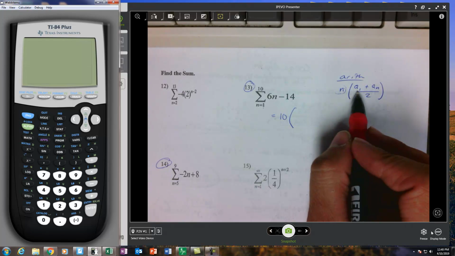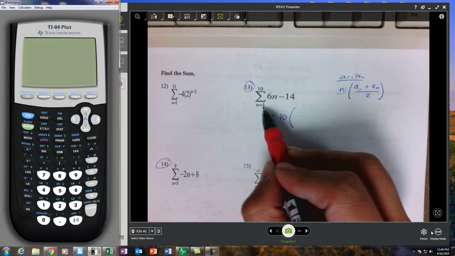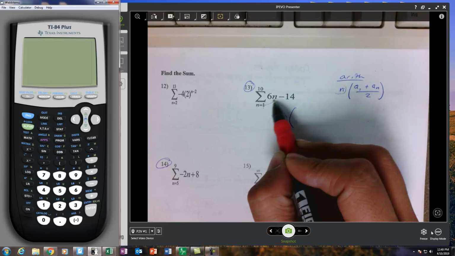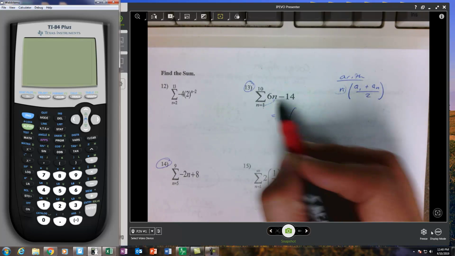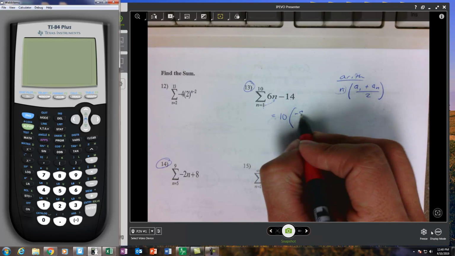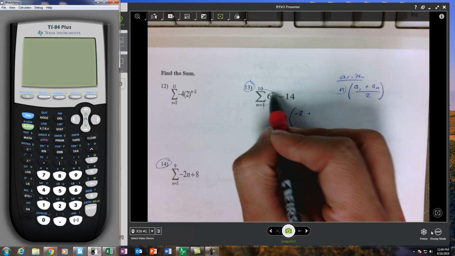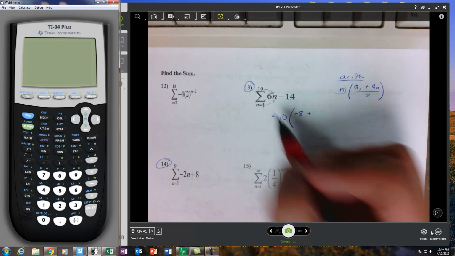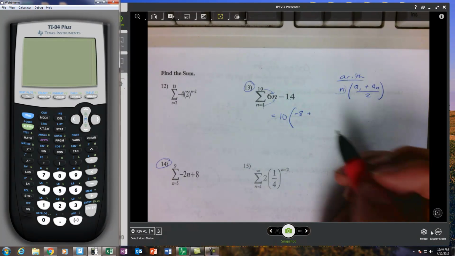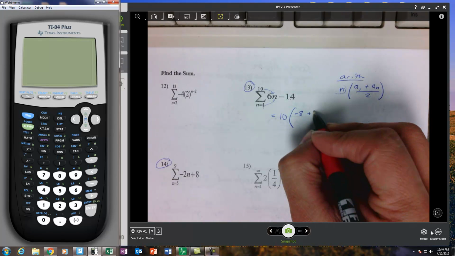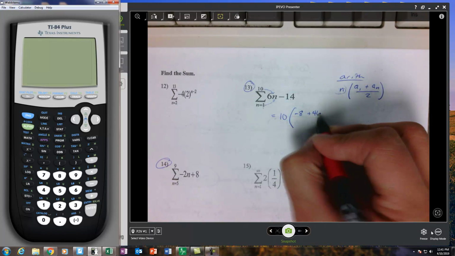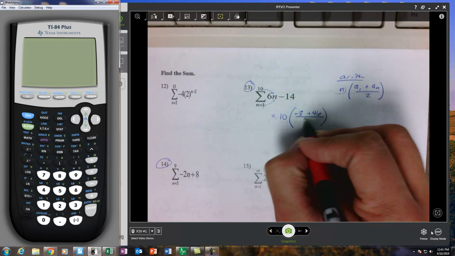To get the first term, I have to plug the first value here in. If I plugged 1 in here, I get 6 times 1 is 6, minus 14 is negative 8, plus, to get the last term, I have to plug the top number in. 10 times 6 is 60, minus 14 is, I want to say it's 46, and all of that divided by 2.